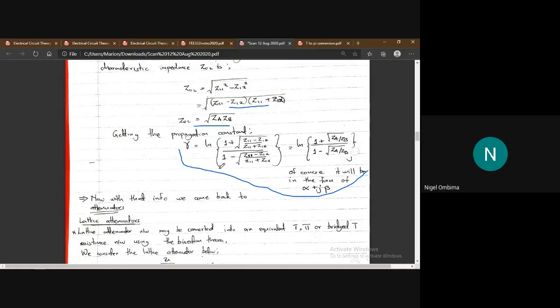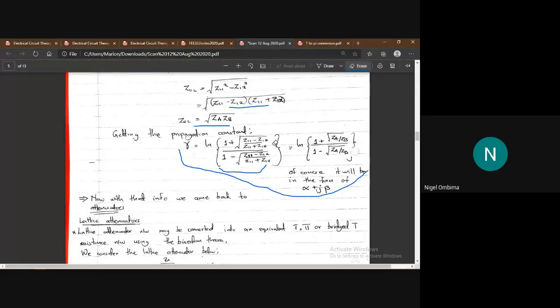So this is ln, and now this is the value of n. So we can see that it's just the same as our attenuation in Nepers. It's the same thing. So this one I replaced with ZA and ZB, and I got to this. And of course, if you simplify it, it'll be in the form of alpha plus j beta.